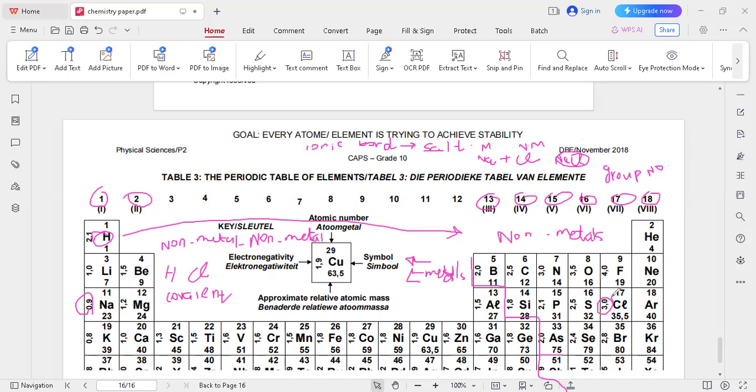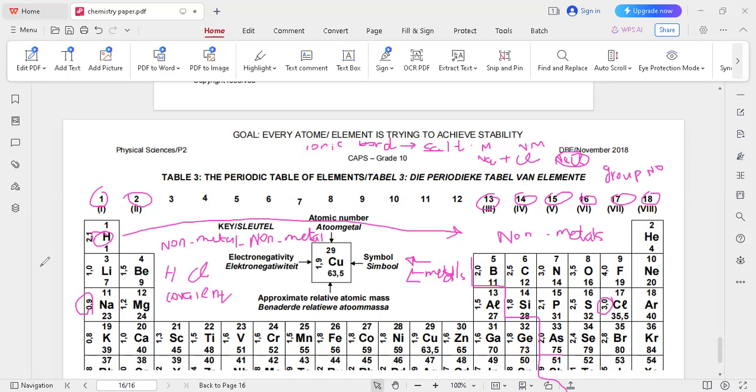If there is a significant difference, then the bonding is ionic bonding. So sodium and chlorine will never have covalent bonding. They won't share electrons. Sodium will transfer its electron to chlorine, which has 7 valence electrons. So that's that about non-metals and metals.